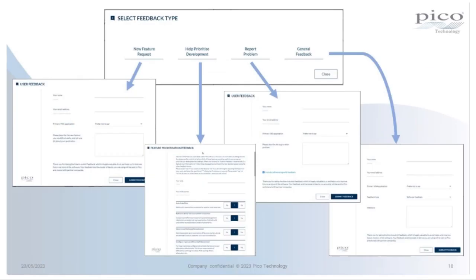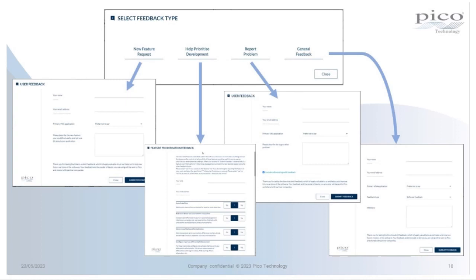In there, the user can directly report problems. They can ask for new features. They can prioritize features that are not yet in PicoVNA5, have yet to transfer from PicoVNA3, and so we list those.